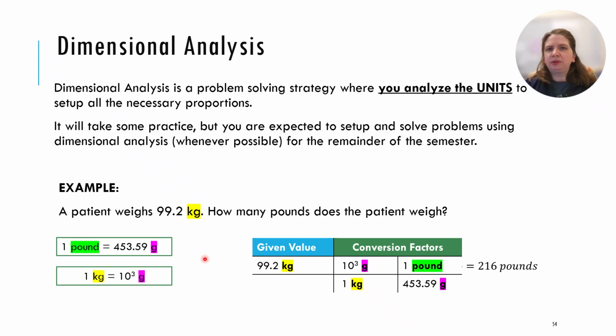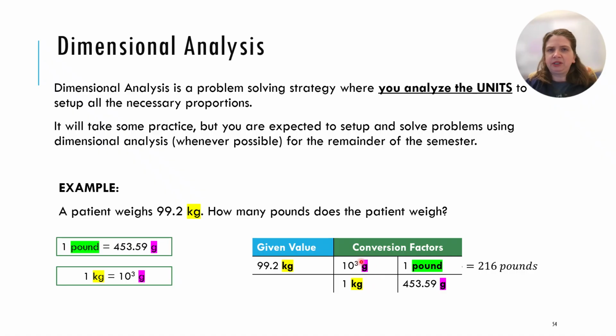Rather than doing multiple mathematical calculations, we can organize our numbers in a table with 2 rows. The rows represent numerators and denominators of fractions. We start with the given value of 99.2 kilograms from the question prompt and arrange our conversion factors so that the units cancel diagonally.